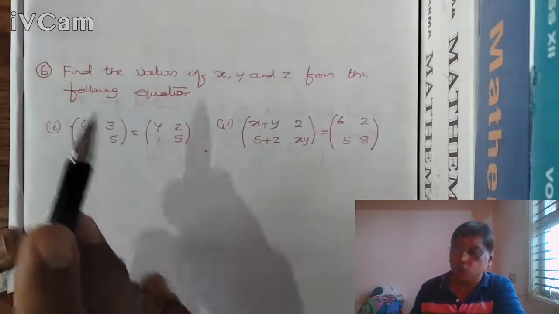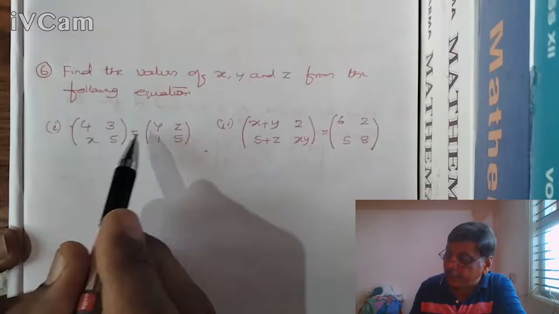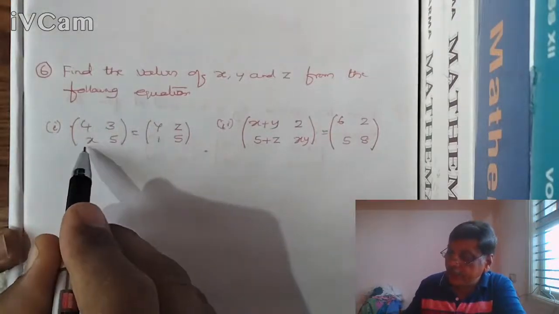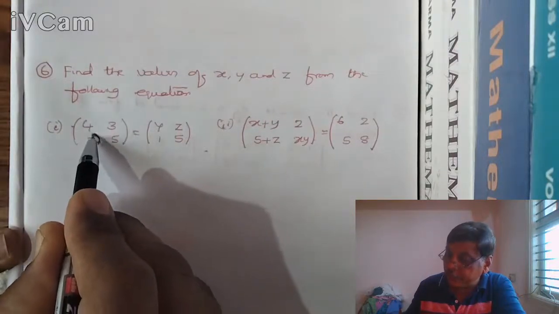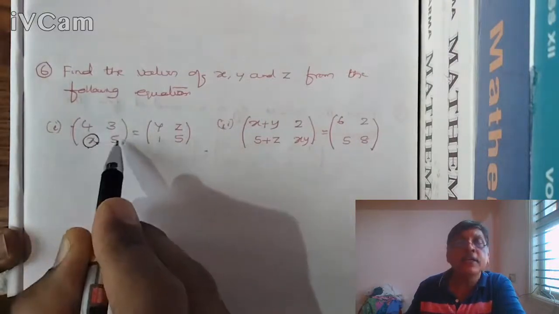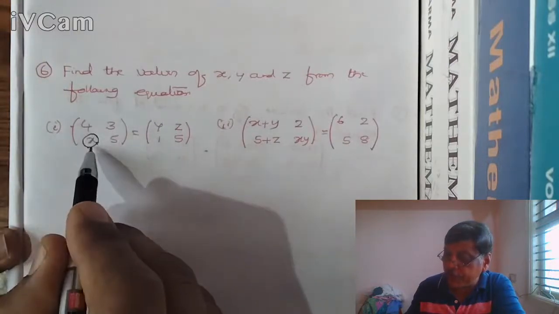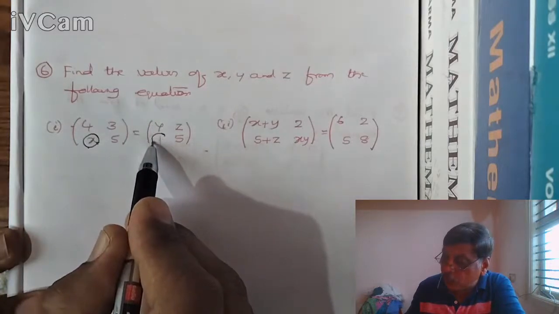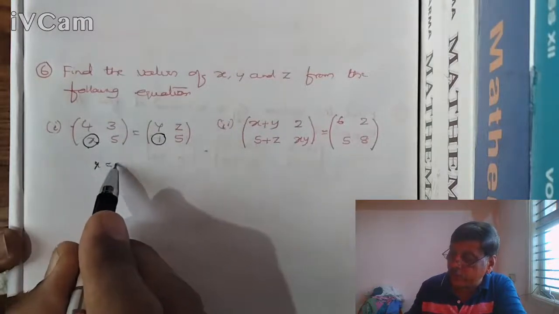Yes or no? So here this is a 2 cross 2 matrix. We need to find x, y, z. See here, on the left hand side we have x in the second row first column. Here also we have the second row first column. Therefore x is equal to 1.